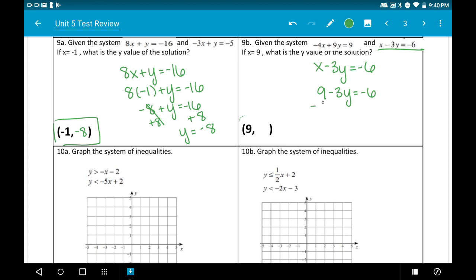Then I just subtract 9 from both sides. So negative 3y equals negative 15. Then I divide by a negative 3. So y equals positive 5. And that's our answer.